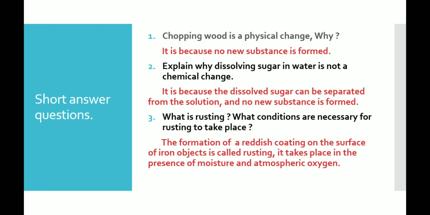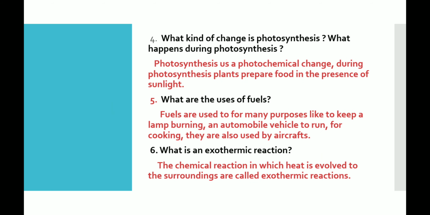Third one, what is rusting? What conditions are necessary for rusting to take place? The formation of a reddish coating on the surface of iron objects is called rusting. It takes place in the presence of moisture and atmospheric oxygen. Now the question number 4.